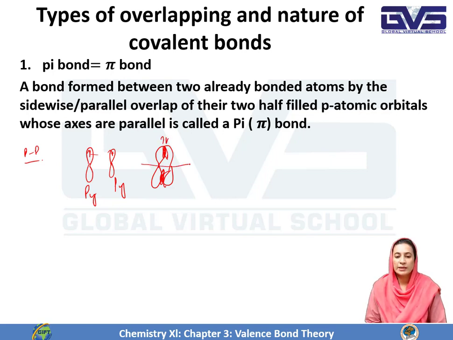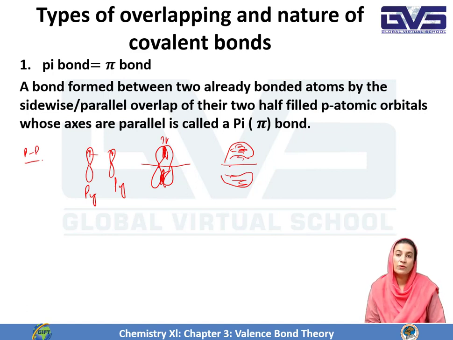In this case, the electron density lies above and below the line joining the two nuclei. So these are less efficient, and they are weaker compared to the sigma bond.